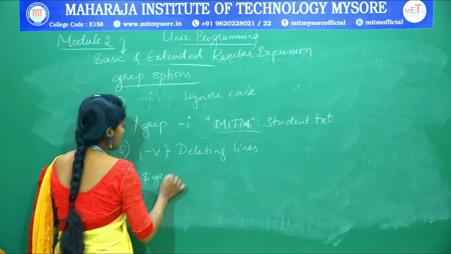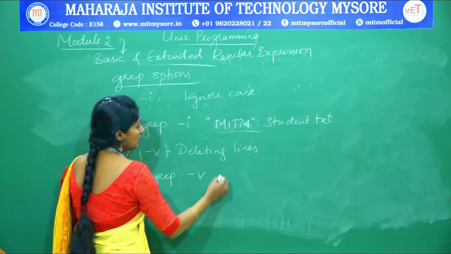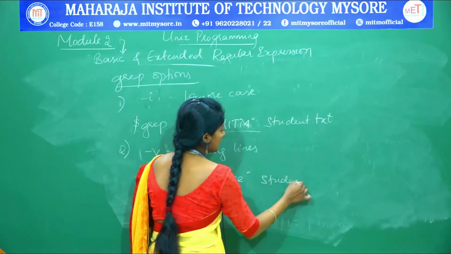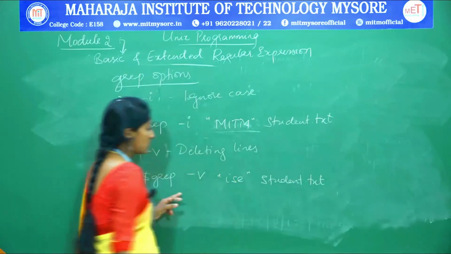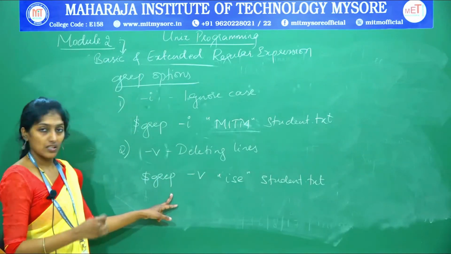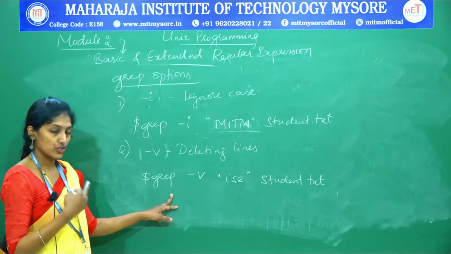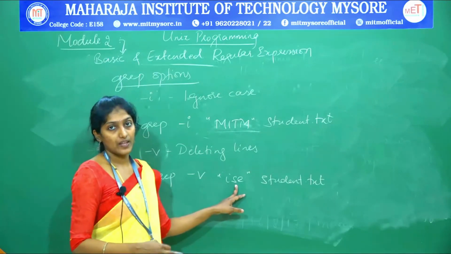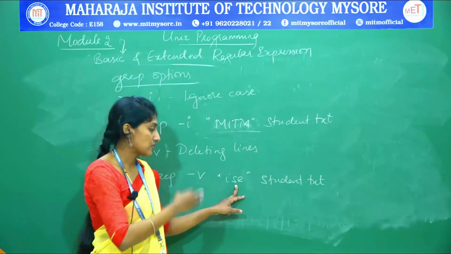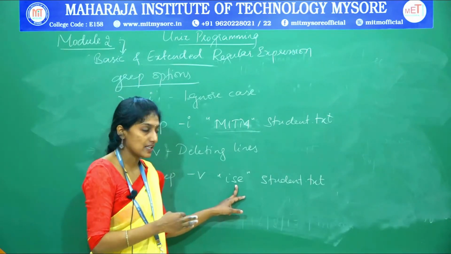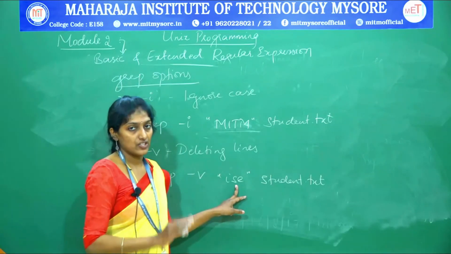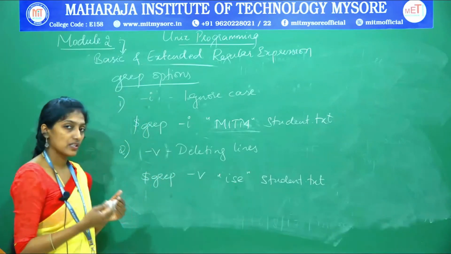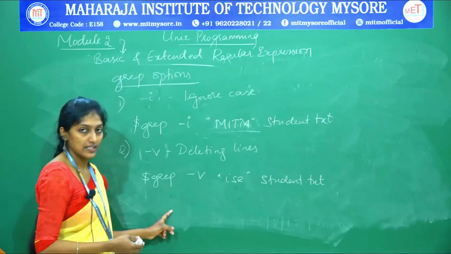So grep -v, I will give ISE, student.txt file. This option -v is going to display those lines which do not contain ISE. The lines which contain the pattern ISE will be deleted, but those lines which do not consist of the ISE pattern will be displayed.